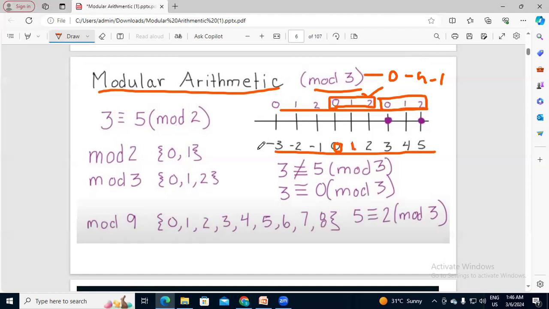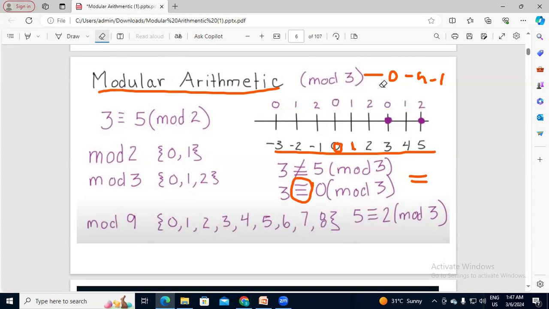Okay. And then you will see this triple horizontal line. For two numbers being equal, we use the equivalent operator, but in this case we use what is called the congruent symbol. Whenever the modulus results are equal, we call these numbers congruent to each other. So let's discuss this congruence concept.